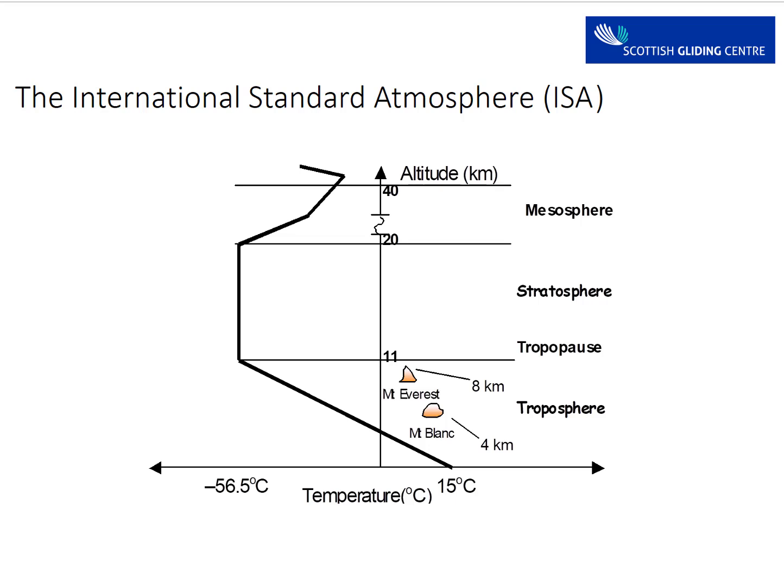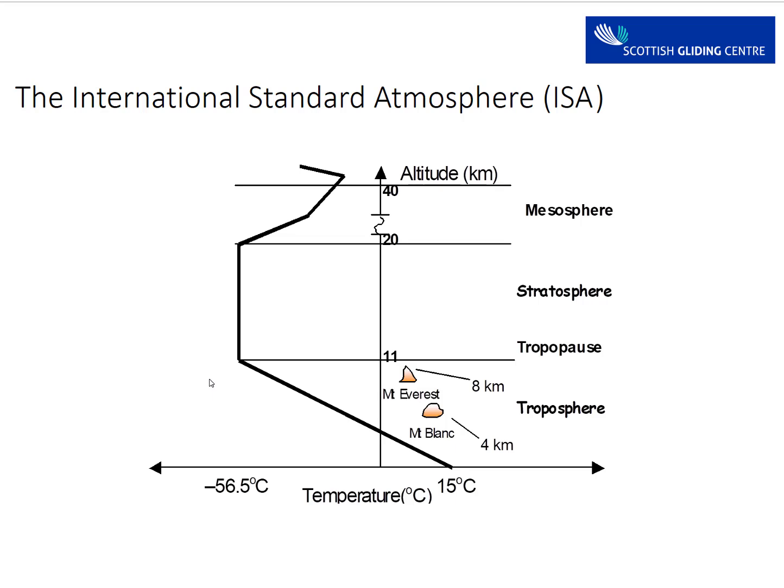Where we live is what's known as the troposphere. Now the troposphere is the region of the atmosphere between sea level up to about 11 kilometers, about 33,000 feet. And inside the troposphere, what we find is that the temperature decreases linearly with height, all the way up to 33,000 feet, 11 kilometers.